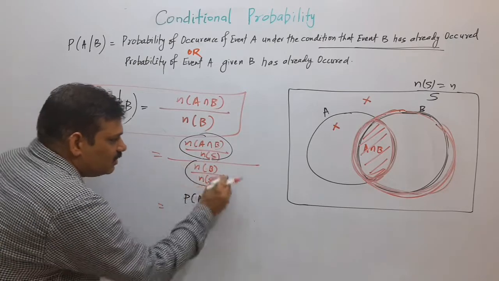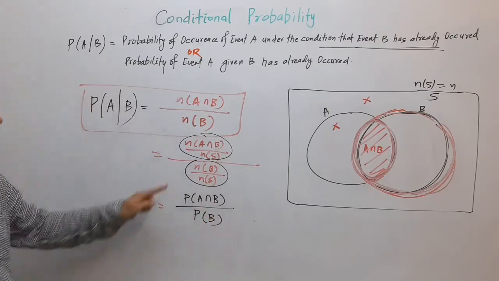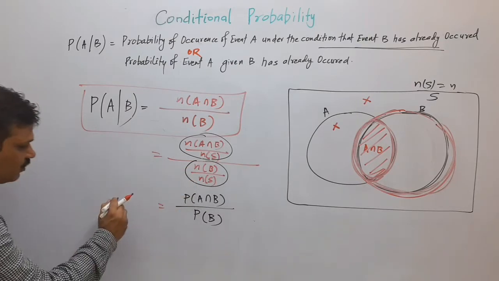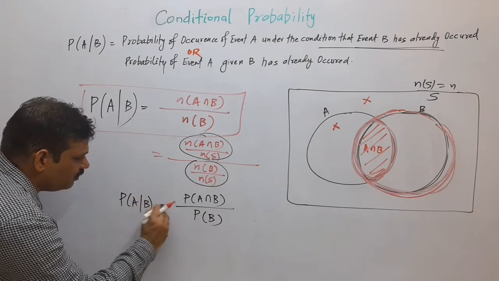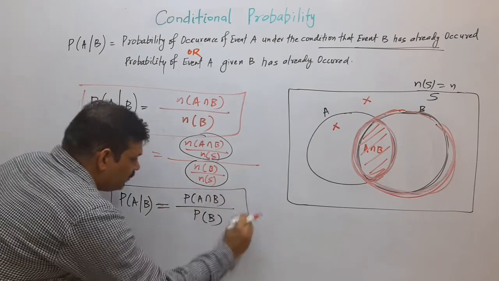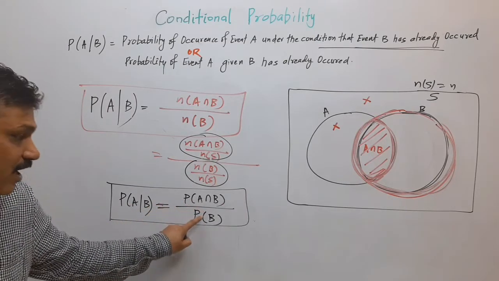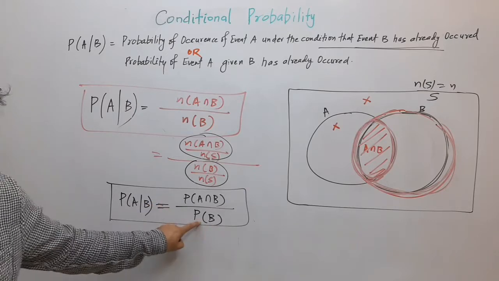And this is nothing but the probability of event B, the number of elements favorable to B divided by the total number of outcomes. So the formula for the probability of A given B is the probability of both the events happening together divided by the probability of that event which has already occurred.